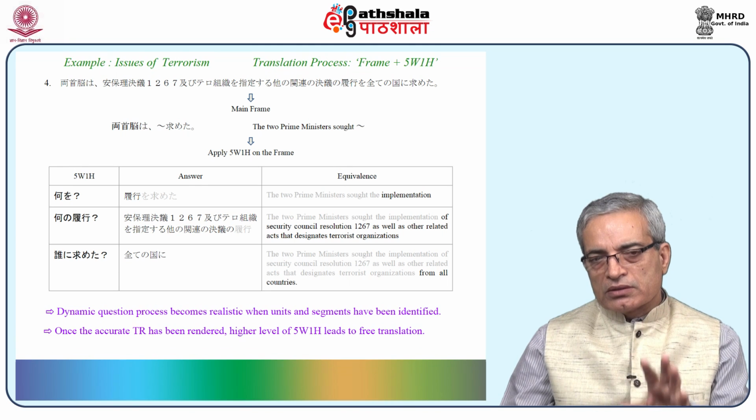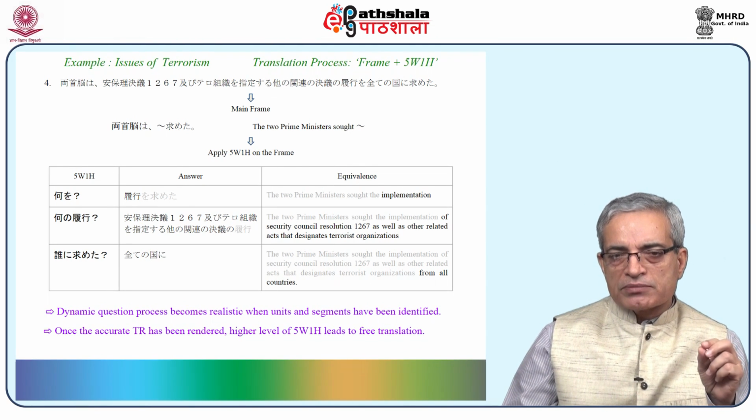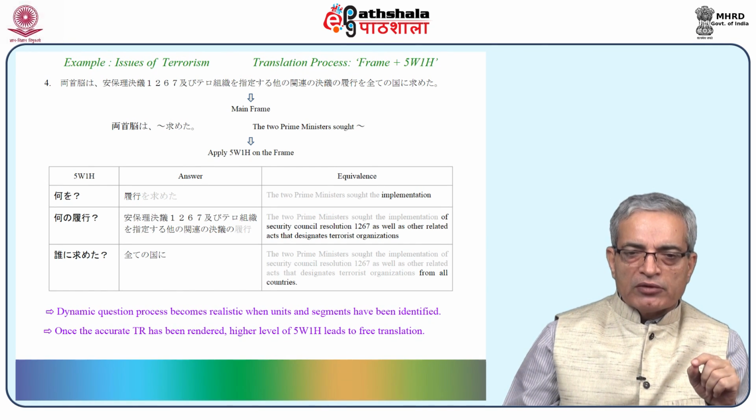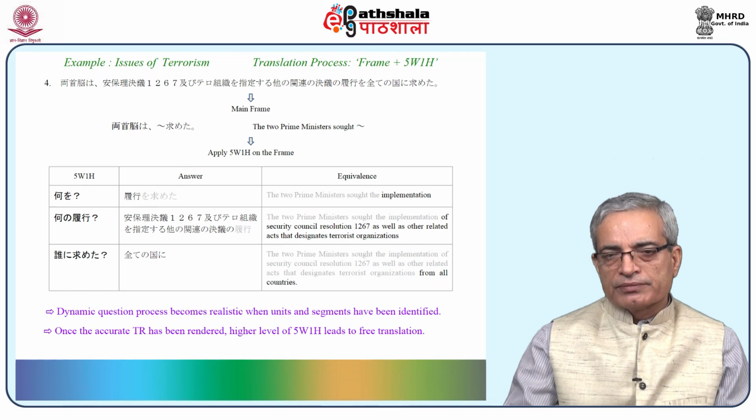Now this gives you a broad idea. So the dynamic question process becomes realistic when units and segments have been identified properly. Once the accurate TR has been rendered, a higher level of 5W1H leads to free translation.